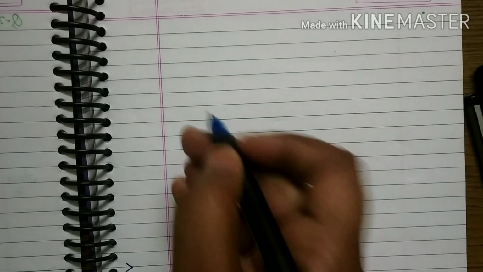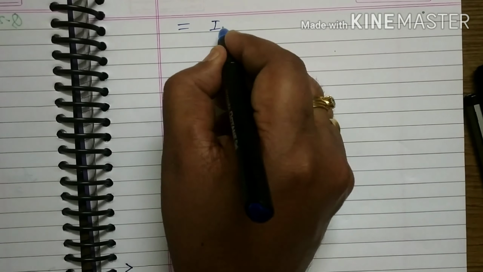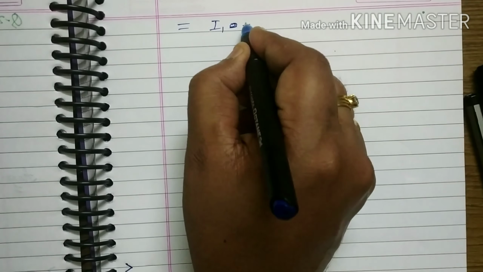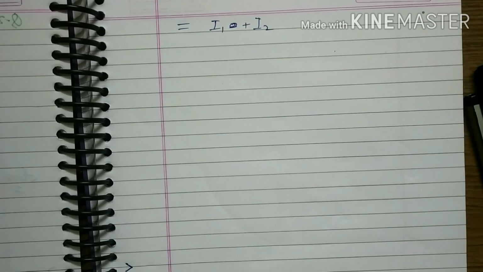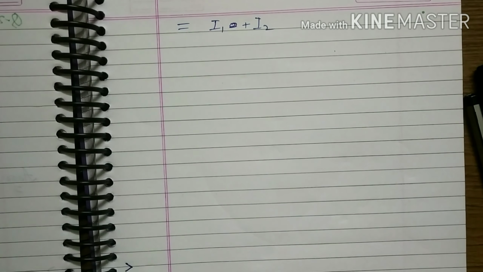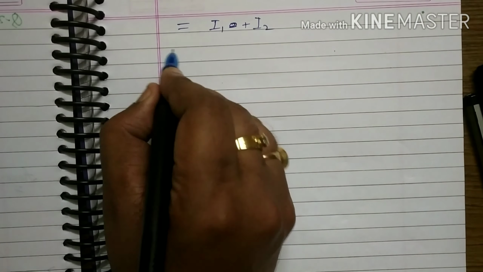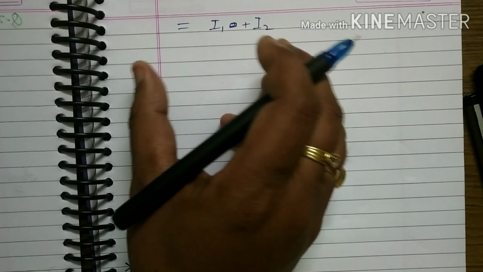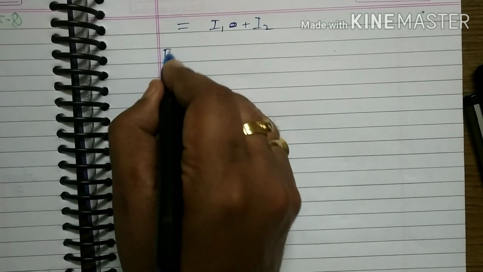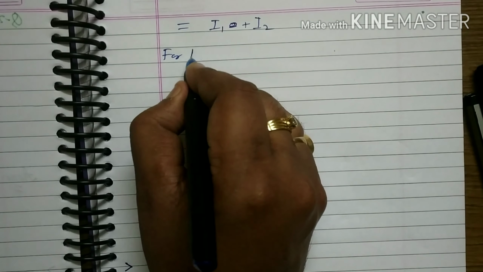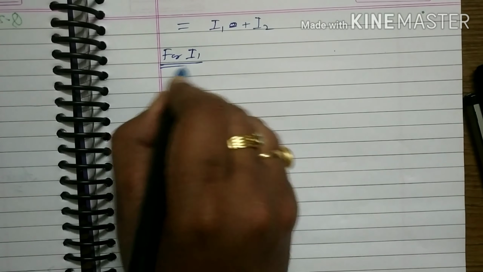So you may consider I1 plus I2. First you consider the first part as I1 and the second part as I2. First you have to calculate them one by one, for I1.